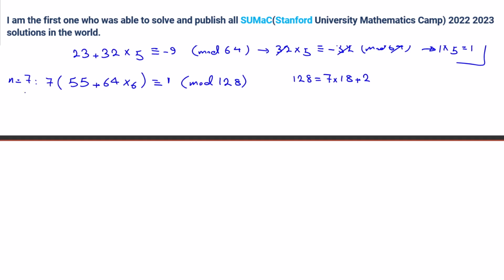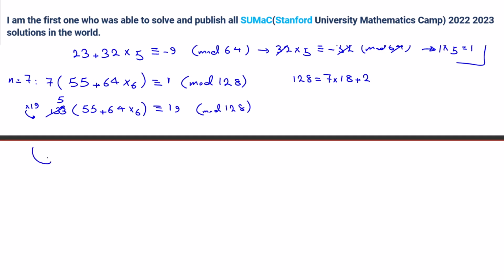If we multiply it by 19, 7 times 19 is what? 133, right? Yeah. Okay. 19. And 133 is 5, right? Yeah. Mod 128.